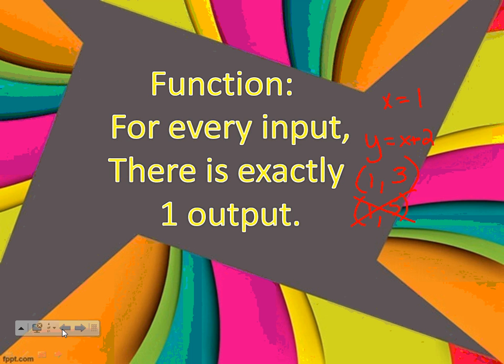There's only one correct answer, and it's 3. It's not possible for somebody to end up with 3, and somebody to end up with 5. You can't get 2 different answers. That's why it says there's exactly one output. There's only one answer for that input, and the answer is 3. You can't get multiple answers.